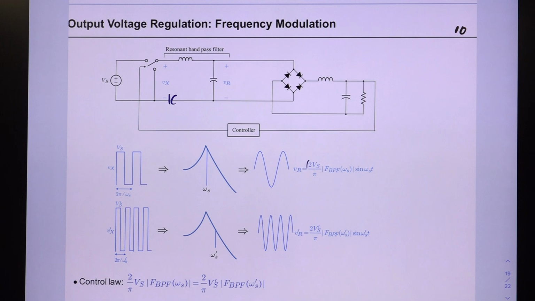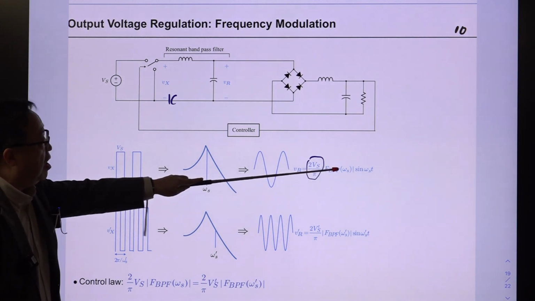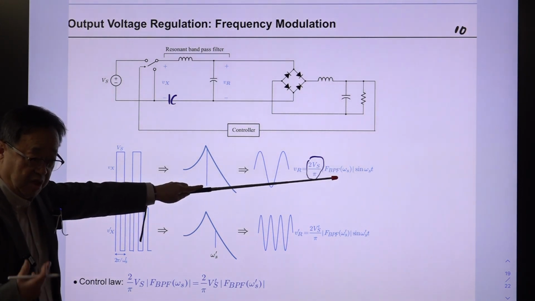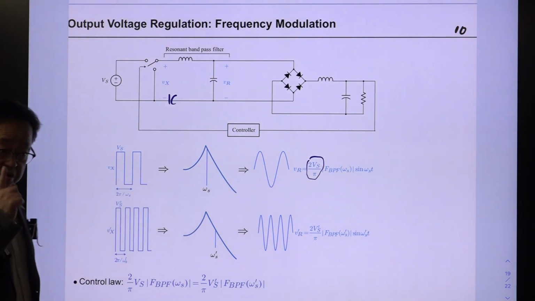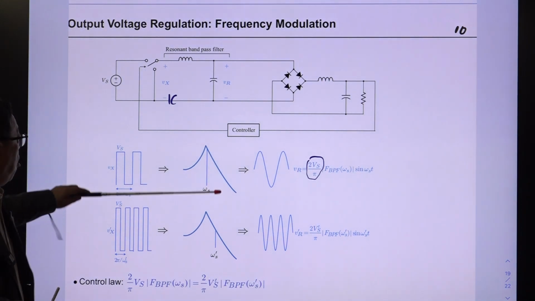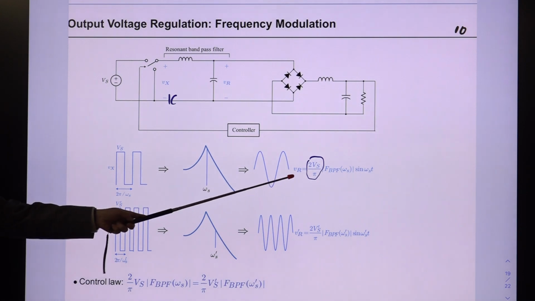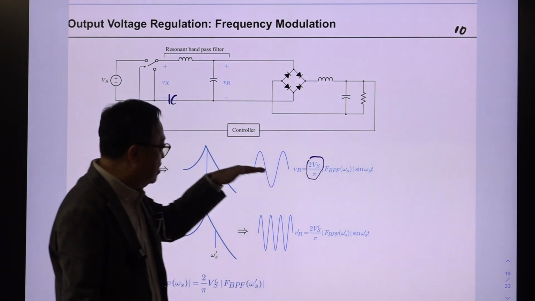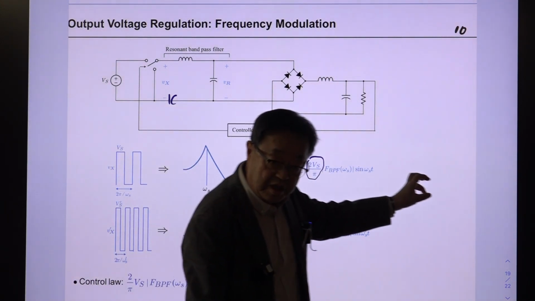This is the magnitude of the fundamental component, and this is the gain of this transfer function at this frequency. So the gain of the bandpass filter at omega s, which is the switching frequency, and sin omega s t, we are only considering the fundamental harmonic of these waveforms. This is the output voltage.